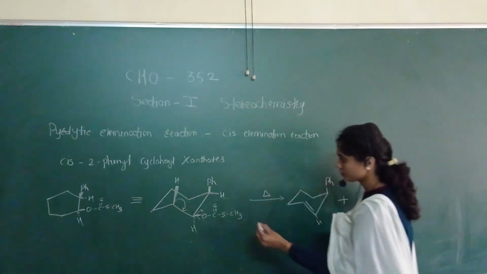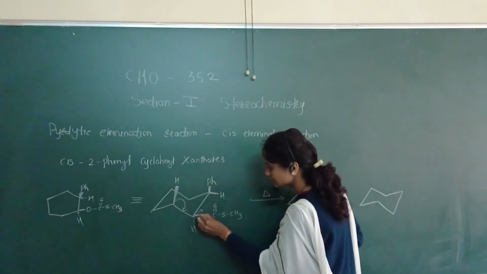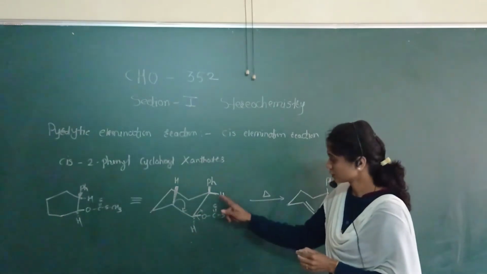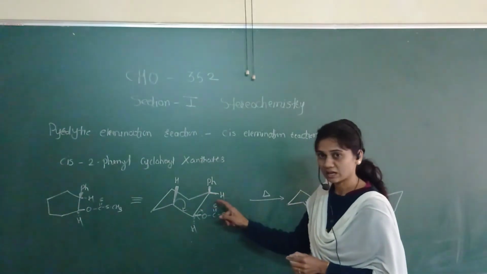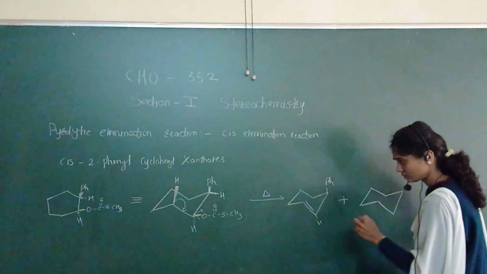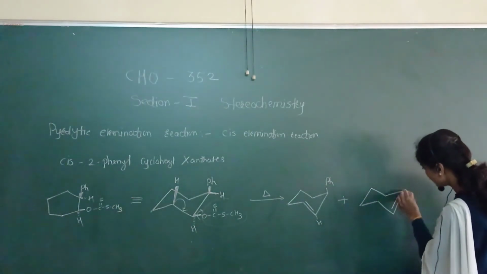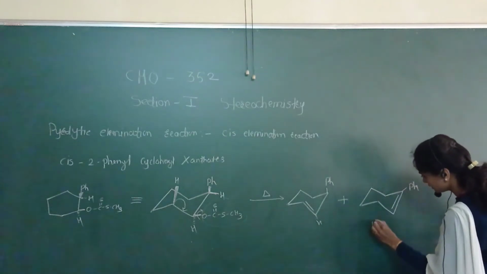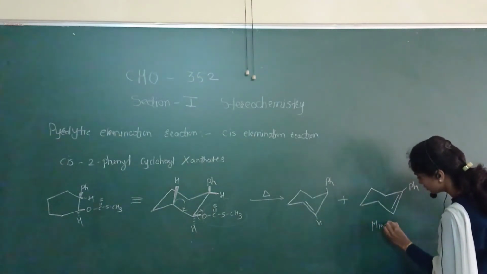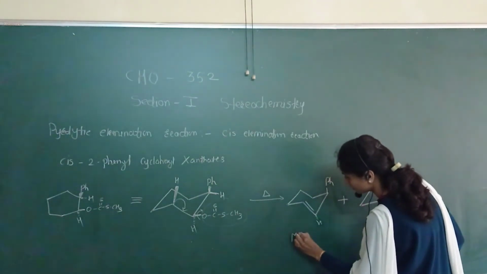The minor product must be from this hydrogen and this xanthate group, because both are trans to each other. As they are trans to each other, it gives a minor product because the conditions are unfavorable, and this is a minor product and this is a major product.